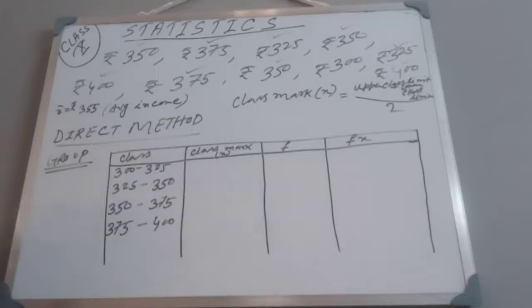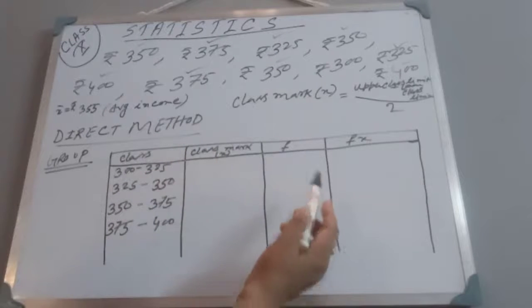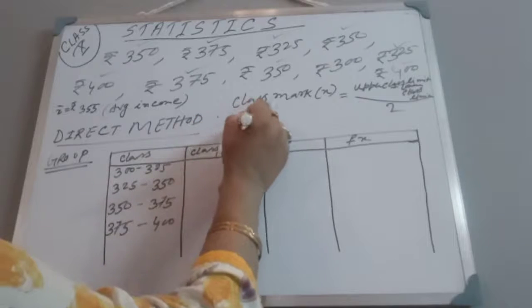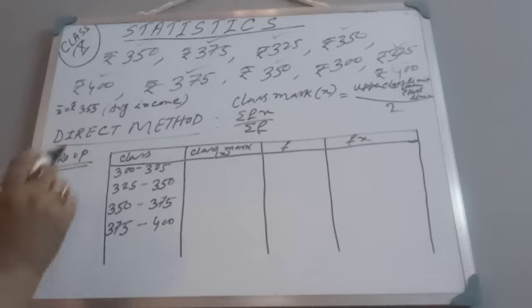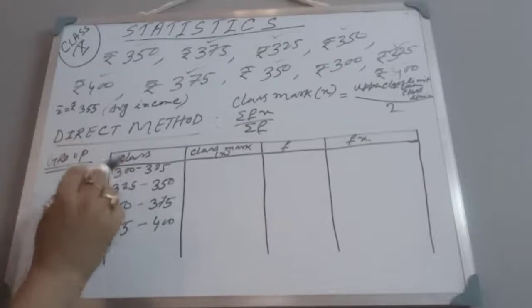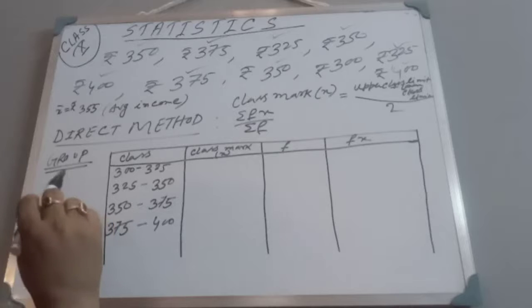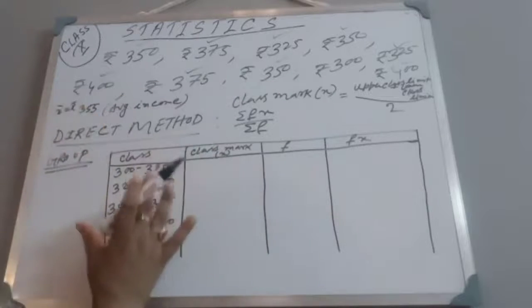The formula is the same as before, sigma fx by sigma f. Last video I showed the data written in ungrouped form, and now I will write all this data in group form.